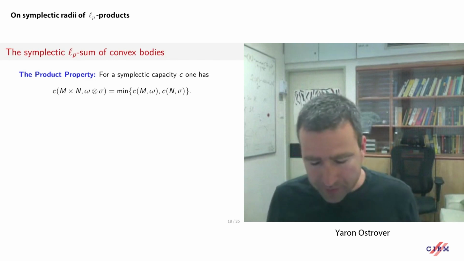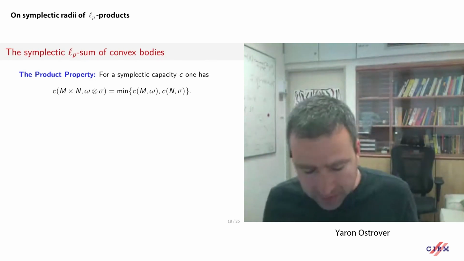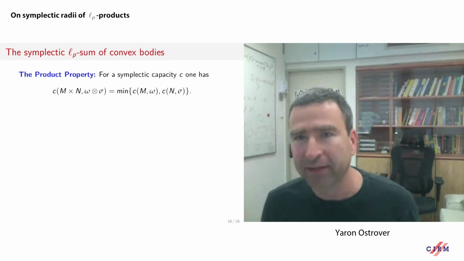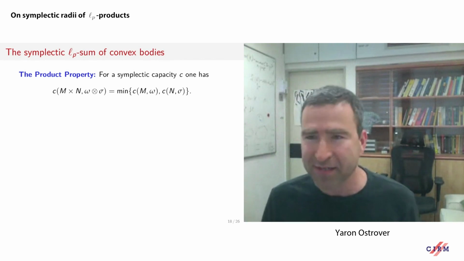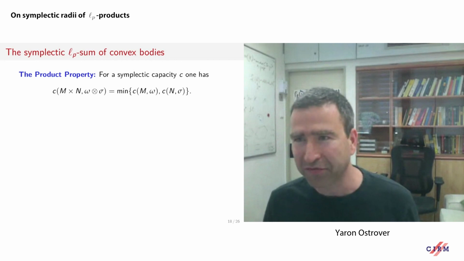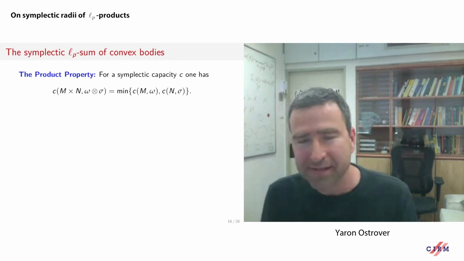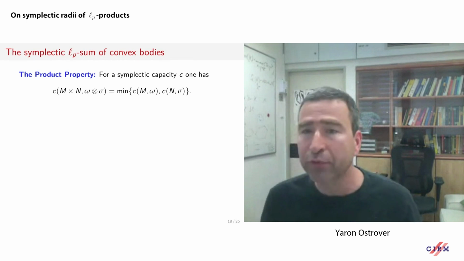In general, of course, it's not clear when we should expect this property, but here we are dealing with convex domains in the phase space, so we definitely have the product property for certain normalized symplectic capacities.